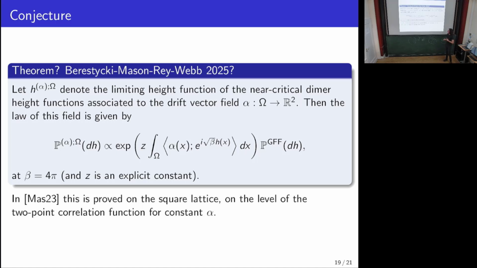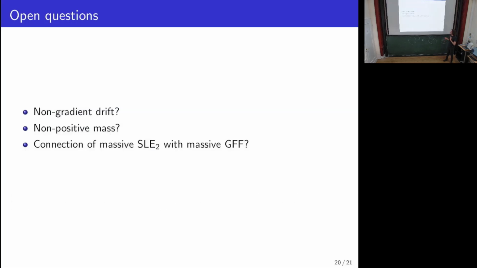For every SLE kappa, there can be multiple things that are called massive SLE kappa. There's not just one, there's a one parameter family of them. So it could be that the flow lines of the massive GFF are just not this massive SLE2, but a different massive SLE2. Presumably you can guess what the martingale observable should be for that version of massive SLE2.